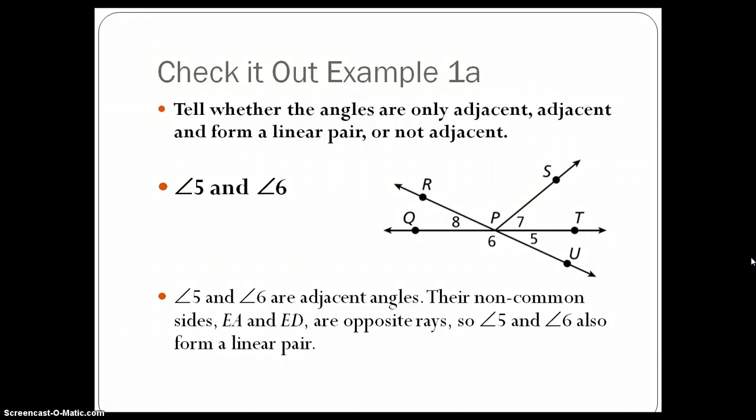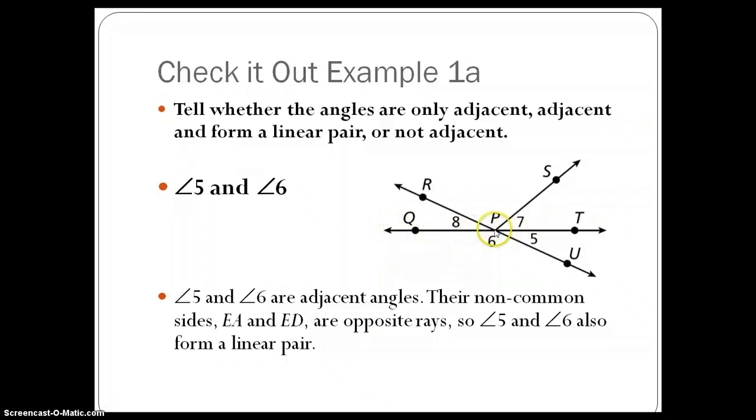Once again, we're looking at adjacent angles and linear pairs, but this is a little more complicated. So let's look at this. We want to look at angles 5 and 6. If we look, angle 5 is really angle TPU, and angle 6 is UPQ.